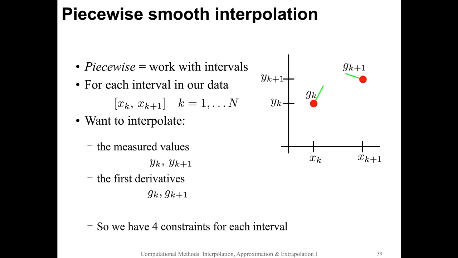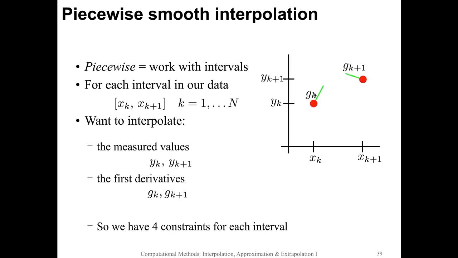So we're still working piecewise, we're still working with intervals in our data. Every function is defined on an interval between xk and xk plus 1. And we want to interpolate the measured values, in other words the y's, yk and yk plus 1. And we also would like our function to satisfy these first derivatives, which are illustrated by these green direction lines here.